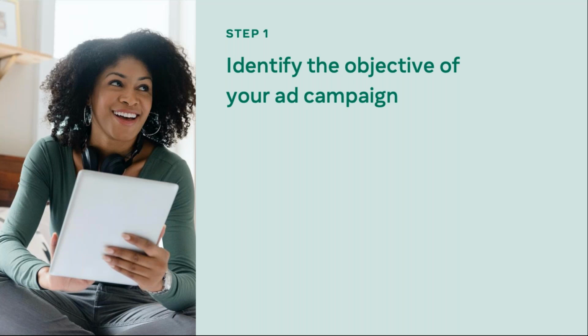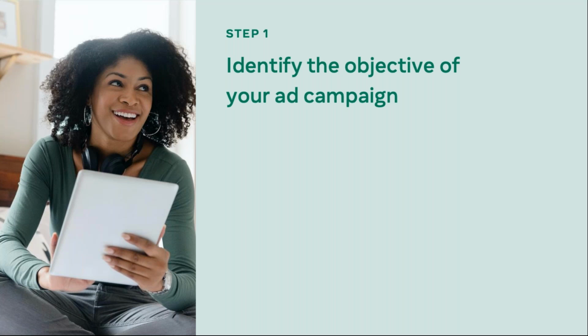Identify the objective of your ad campaign. Now, as your business grows, your campaign goals will change. So first, your campaign may focus on building awareness like Mangata & Gallo and acquiring new customers. But later, you may want to encourage people to actually make a purchase or sign up for an event at that conversion point. So think about what advertising objectives would align with your business goals.